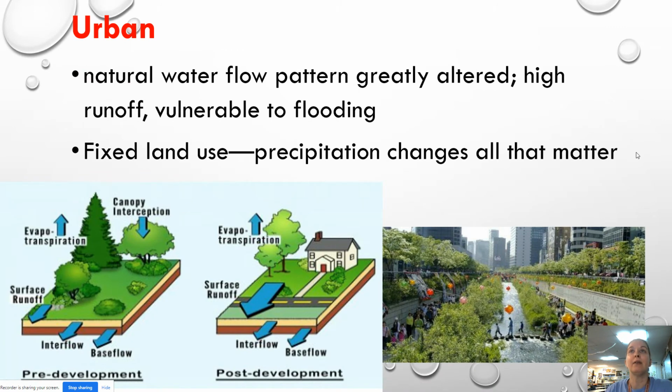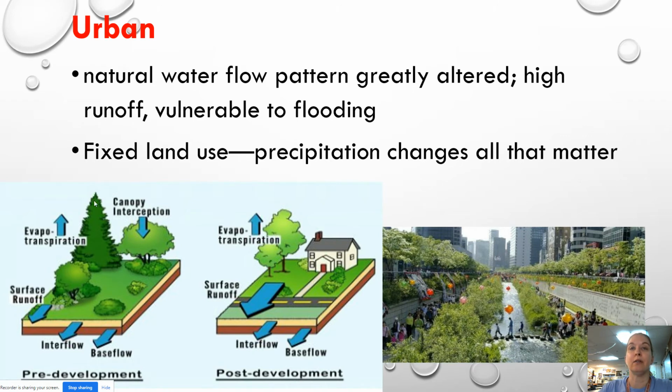Urban areas have a natural water flow pattern that has been massively altered. Tons of runoff because we cover up everything that absorbs. All of that great soil that would absorb, we put concrete on top of it, which means lots of runoff, and we're fairly vulnerable to flooding. We have a fixed land use, but the precipitation changes all of that.